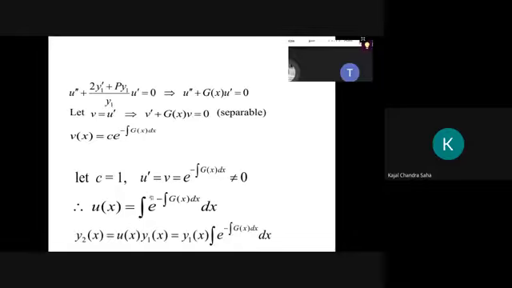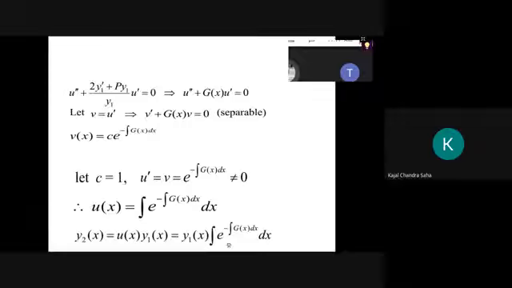So u prime equals v, which is e to the power minus the integral of g of x dx, which is not equal to 0. So u is the integral of e to the power minus the integral of g of x dx, dx, which is our solution. So the solution is y2 equal to u of x times y1 of x, with u of x given by that integral.